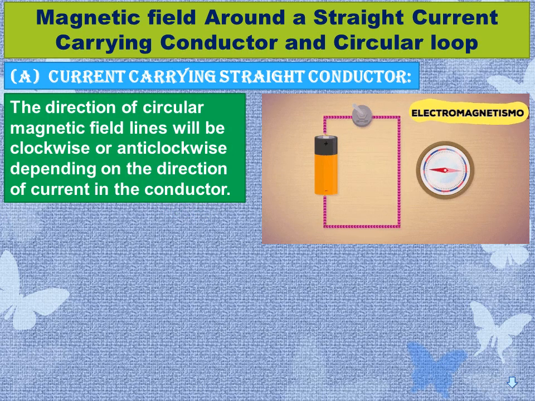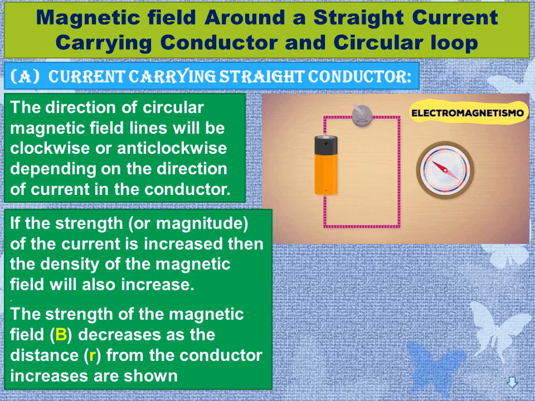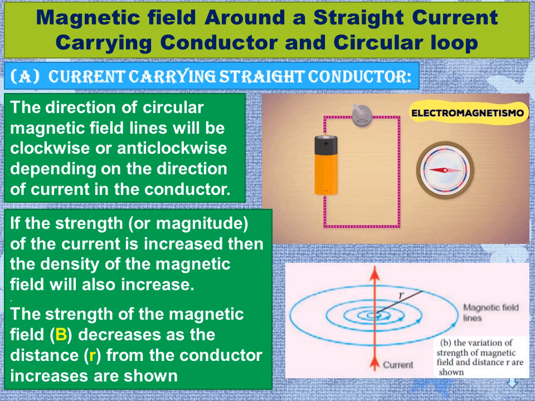The direction of circular magnetic lines will be clockwise or anti-clockwise depending on the direction of the current in the conductor. This you can see in this picture. The direction of the magnetic field lines and the variation of strength of magnetic field with the distance r are shown here in this picture.